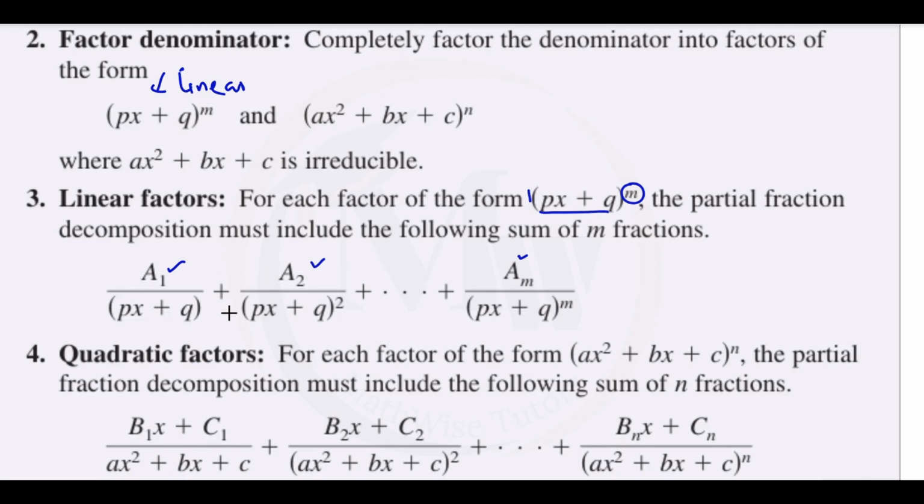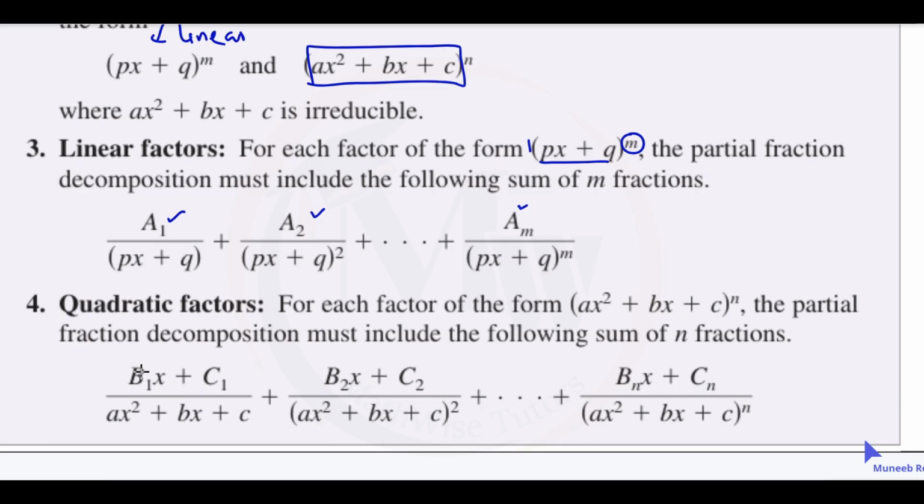Next is, if you have a quadratic factor like this, in which the highest power is 2. I told you that when the highest power is 2, it's a quadratic factor, and we use 2 constants in the one term. First constant with x and second constant alone.